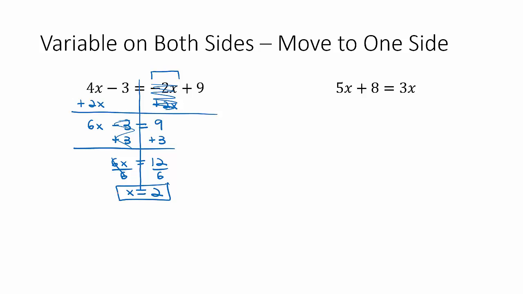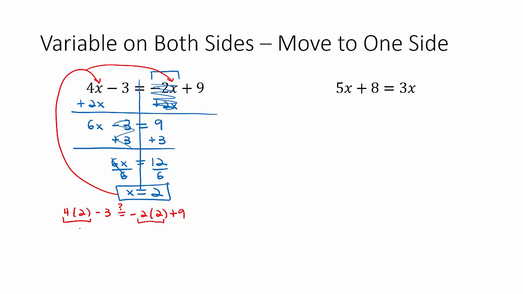Again, we can verify that answer by plugging it in. We're going to plug it into both of our x's, and hopefully both sides of the equation will come out to the same thing. So we've got 4 times 2 minus 3. Hopefully that's equal to negative 2 times x, which is 2, plus 9. We'll simplify both sides at the same time.